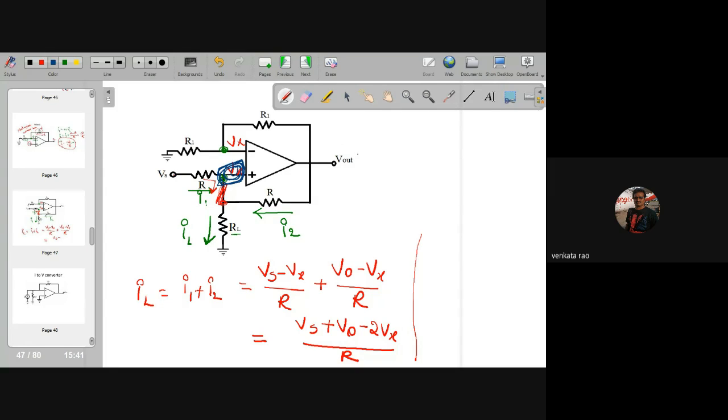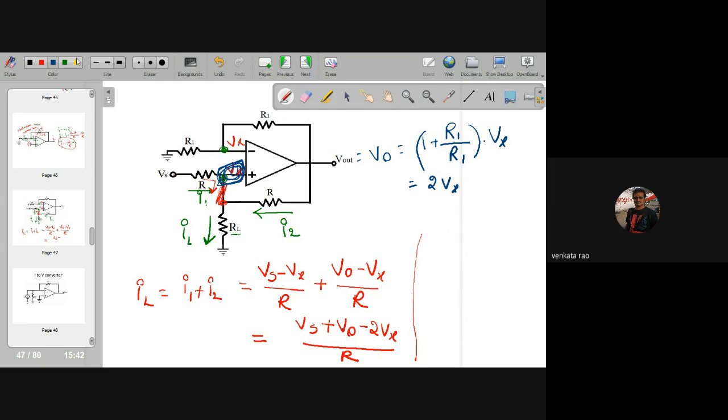Now I can easily write the output voltage is equal to 1 plus Rf by R1. Here Rf and R1 are the same, so it is 2Vx. Just substitute this 2Vx in place of V naught here.